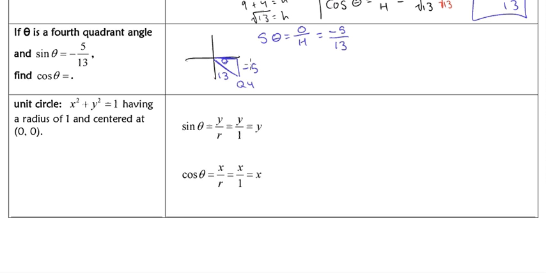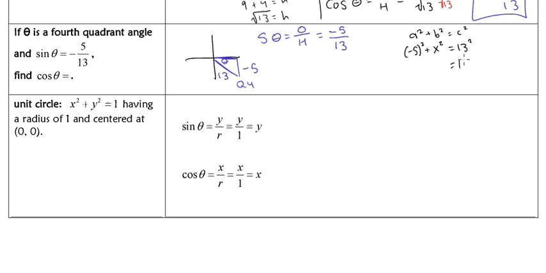And we've got two pieces of our triangle now, and we can figure out our third piece by using the Pythagorean theorem. So we know that a squared plus b squared equals c squared. Our hypotenuse here is 13, so 13 squared equals -5 squared, and then whatever the x value squared is.